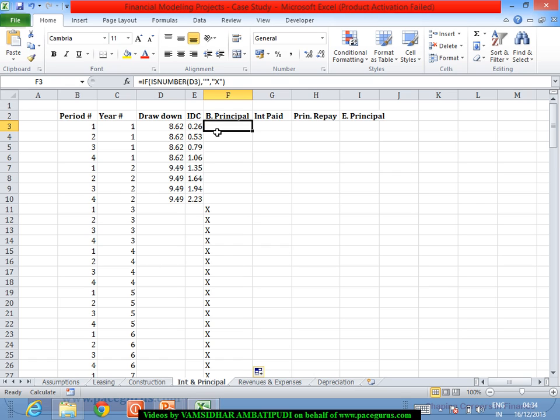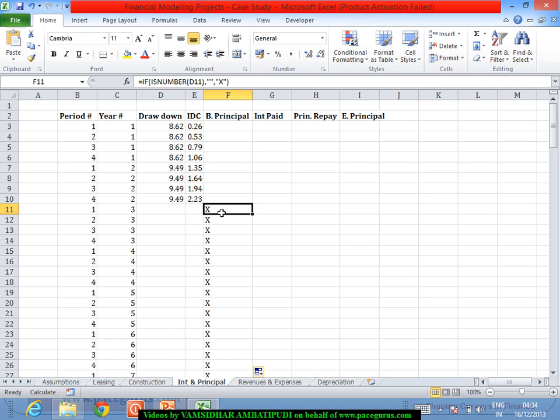Now that something, what are the mechanisms for me? Either it has to be the outstanding principal, or it has to be outstanding principal after the total drawdown, which means for the first year, first payment, I'll have that kind of a scenario, and from the next payment onwards, I will have the ending principal of the previous period.